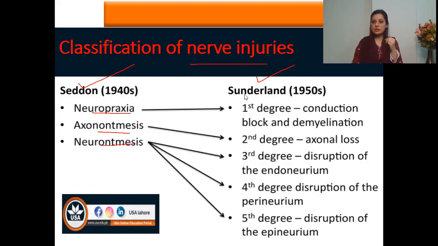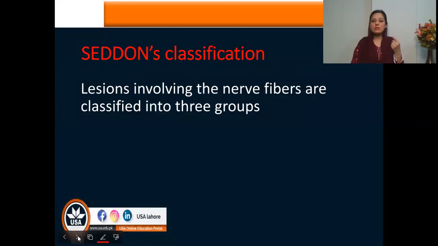According to Sunderland's classification, it is divided into five types: first degree, second degree, third degree, fourth degree, and fifth degree. What we are going to study in detail is Seddon's classification, with its three categories: neuropraxia, axonotmesis, and neurotmesis.